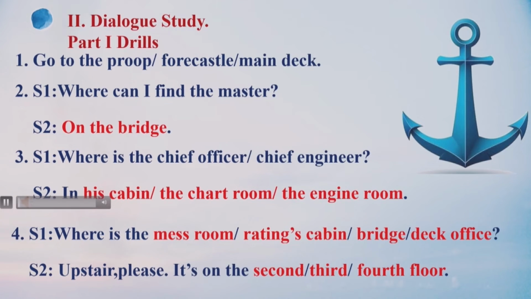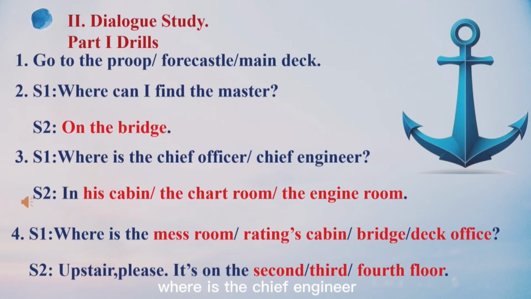Part 1. Drills. 1. Go to the poop. Go to the forecastle. Go to the main deck. 2. Where can I find the master? On the bridge. 3. Where is the chief officer? In his cabin. Where is the chief officer? In the chart room.